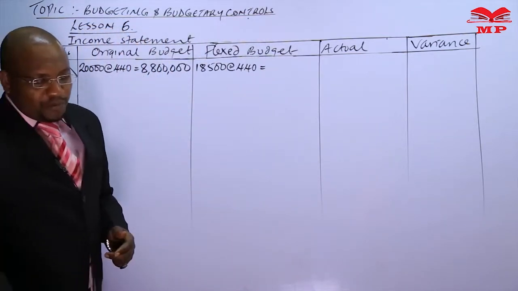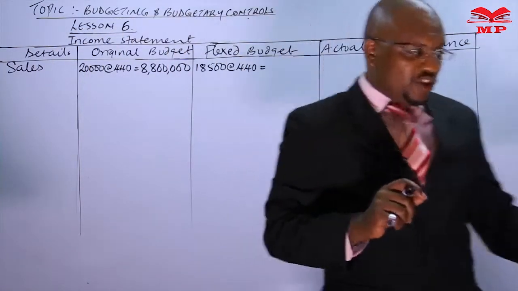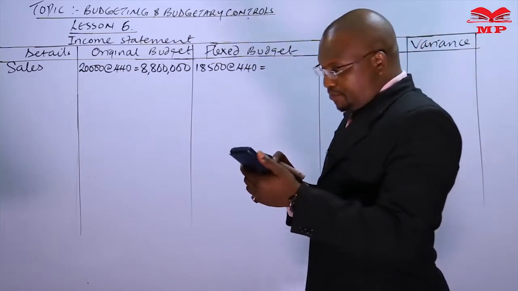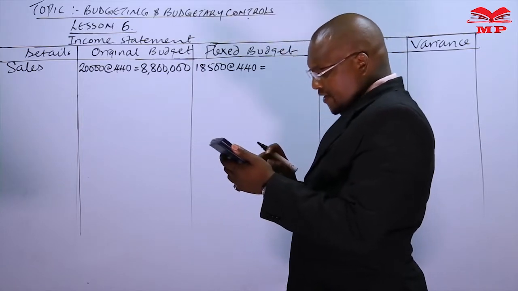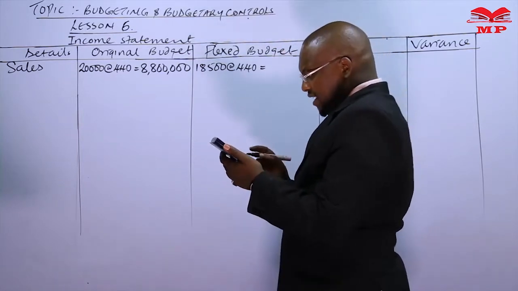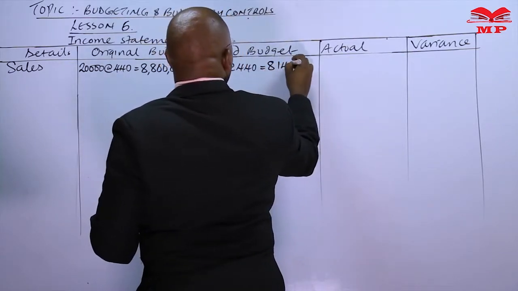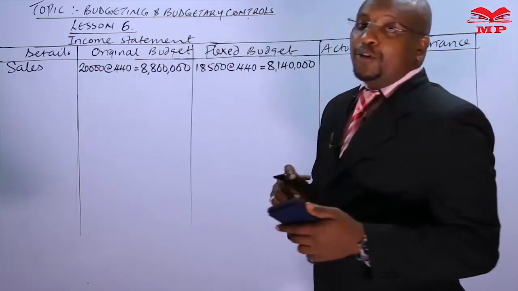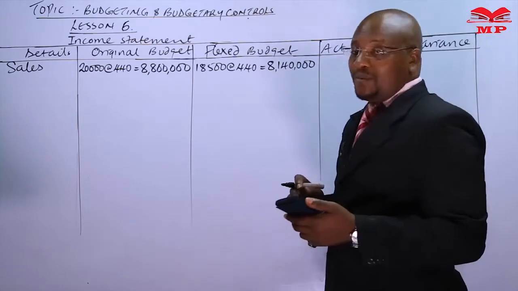So we multiply the 18,500 as the actual level of production by the 440 as the budget price. Our income will be 18,500 times 440, that is 8,140,000. Remember, if you know the flexible multiplier, there is a multiplier or a factor we can use.